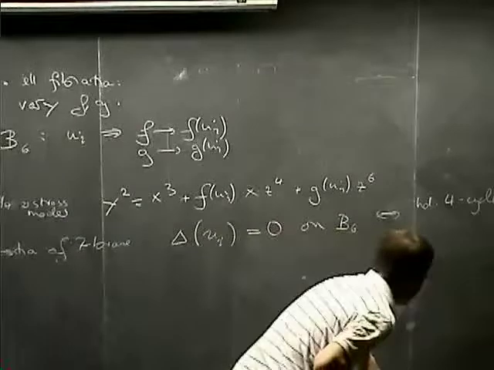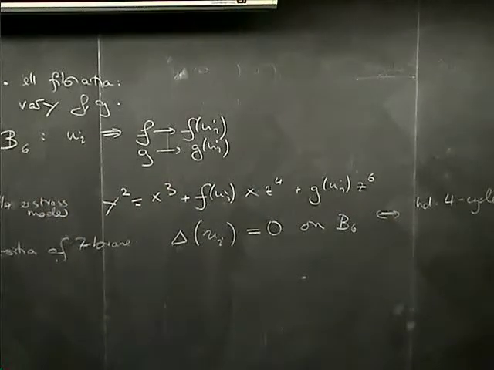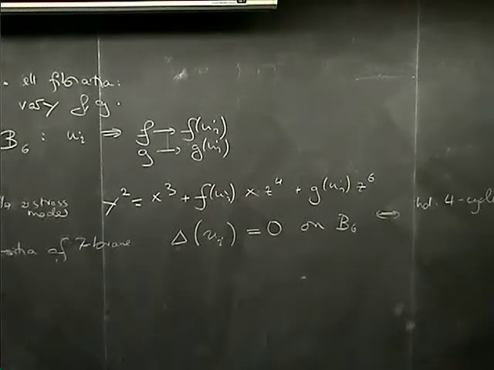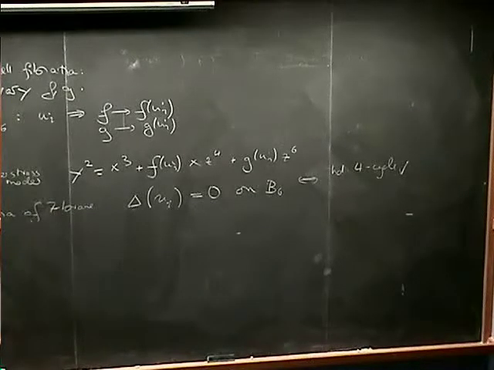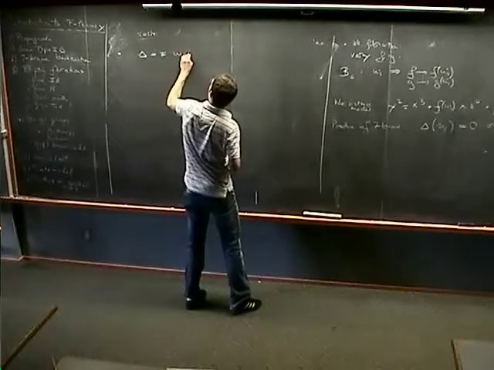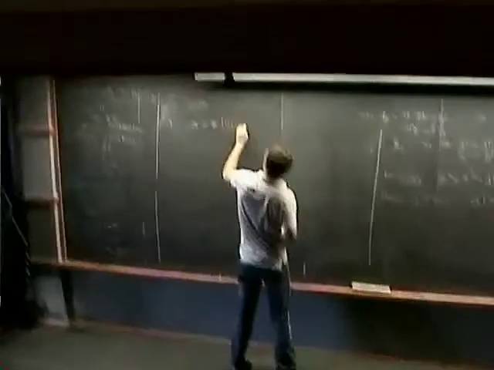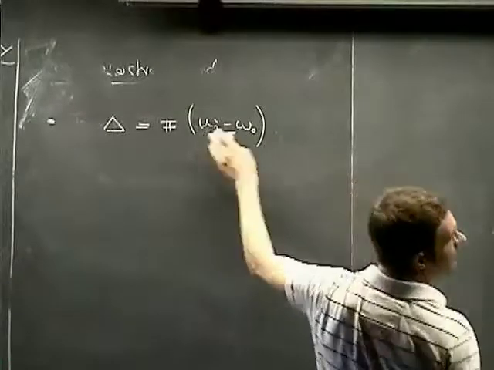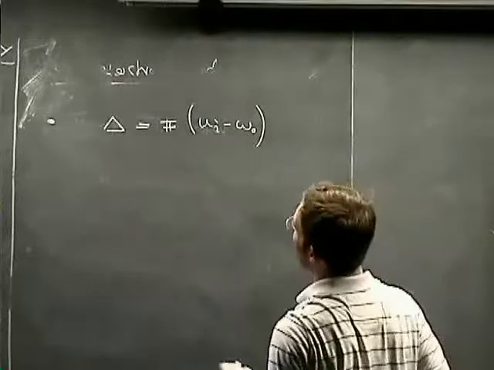So, for example, suppose delta has a simple 0 at ui minus omega 0, by this I mean at a position where the polynomials are fixed to something.